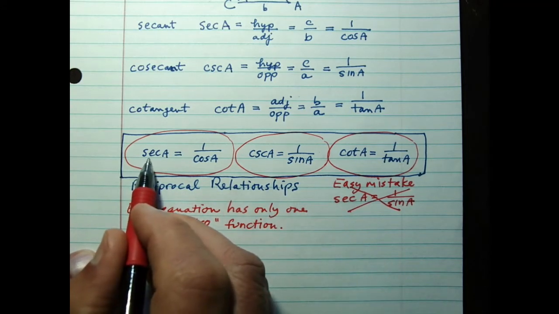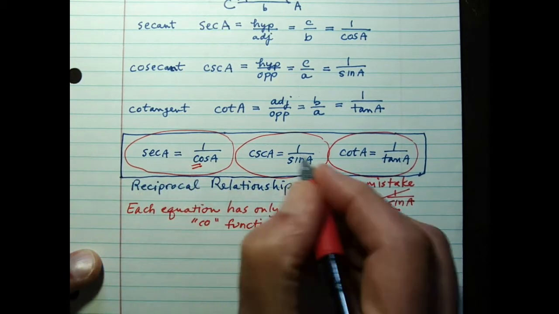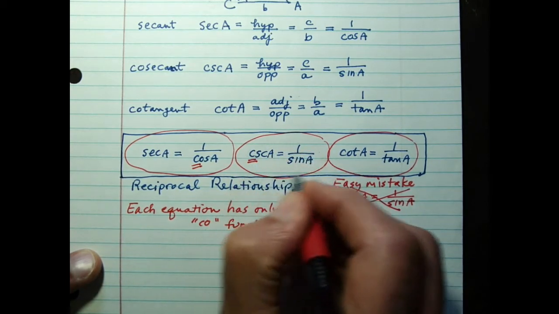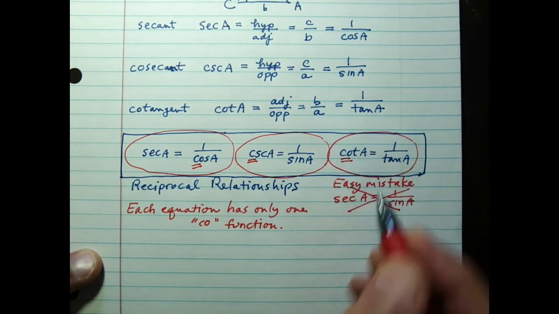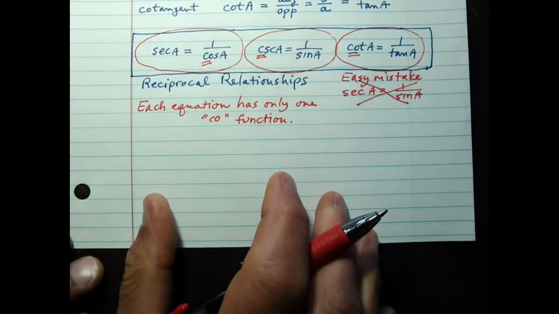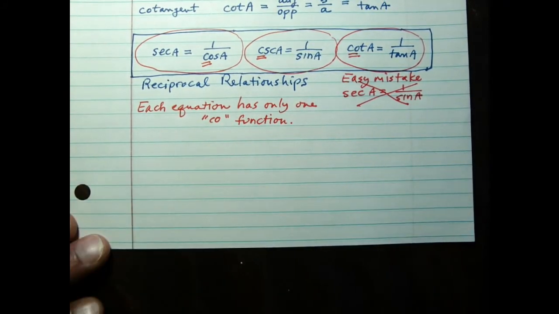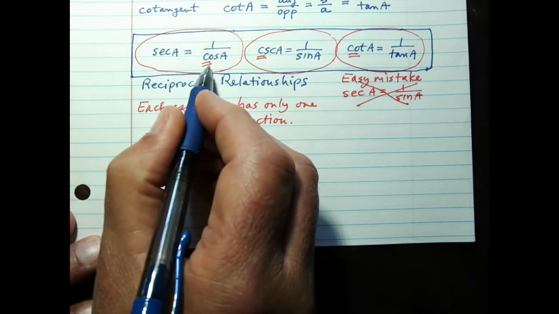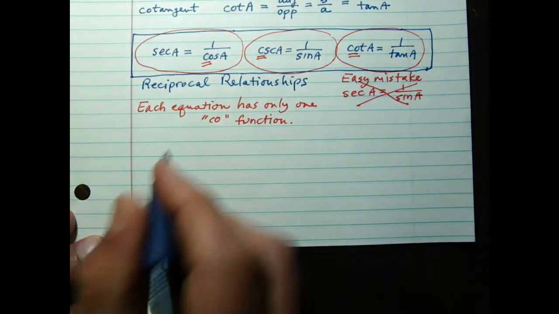So secant's not a cofunction, but cosine is. So secant and cosine, that equation has one cofunction. Cosecant's a cofunction, sine is not. This equation has one cofunction. Cotangent's a cofunction, tangent is not. This equation has one cofunction. And that's always helped me remember that to get these three equations correct, the reciprocal relationships involve only one cofunction. So secant, not co, goes with cosine, which is a cofunction. Cosecant's a co, goes with sine, not, and so on and so forth.